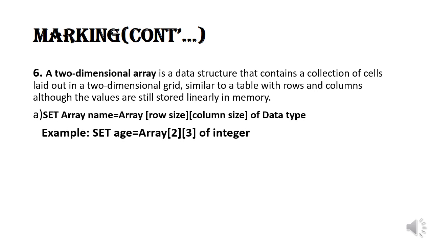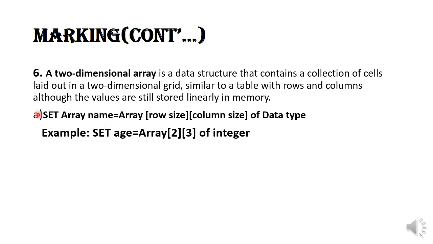So we can declare a two-dimensional array this way. We use the keyword set, array name, assignment operator, the keyword array, the row size, the column size, and the data type. So this is the definition and the declaration of a two-dimensional array in algorithms.